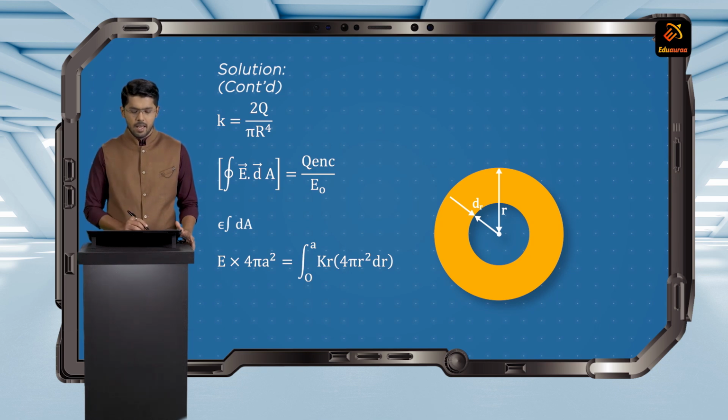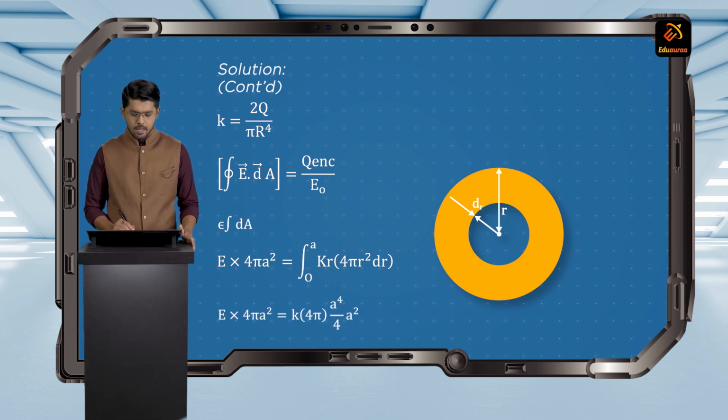That will be equal again to integrating the charge density from 0 to a. And we do that by simply considering a thin shell at radius r and thickness dr. Again, we arrive at 4 pi r square dr multiplied by k into r, the charge density, and integrated from 0 to a in this case.